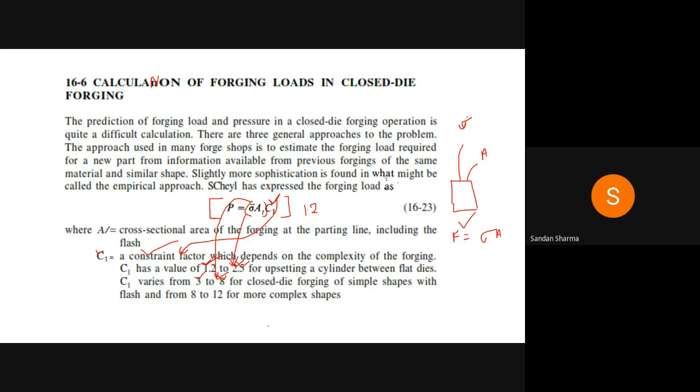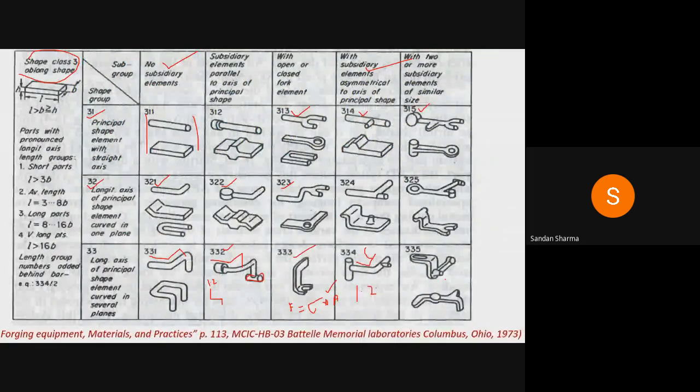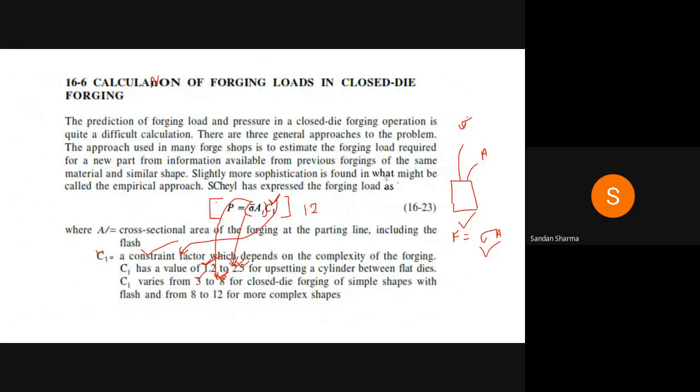Yes, sir. And if you go for complex conditions, even it is 8 times higher than what we are getting from here. If you are going for, let's say, a 3-dimensional condition with complex shape, the forging load required is 8 times higher. So it is not very simple in closed die forging that you simply calculate the force required with the final shape or final dimension.